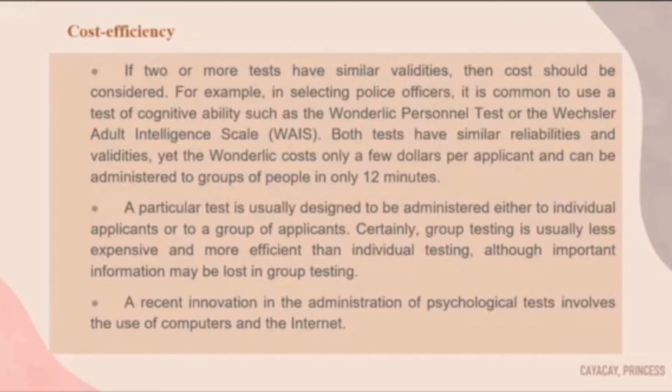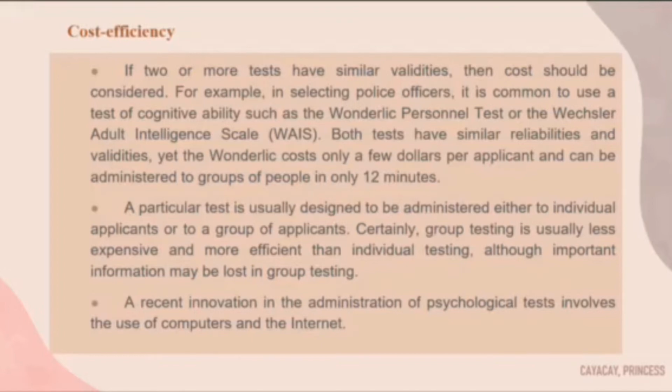So when we say Wechsler Adult Intelligence Scale, or the WAIS, it is an IQ test designed to measure intelligence and cognitive ability in adults and older adolescents. While the Wonderlic Personnel Test, or the WPT, is a standardized, self-administered assessment of general mental ability.